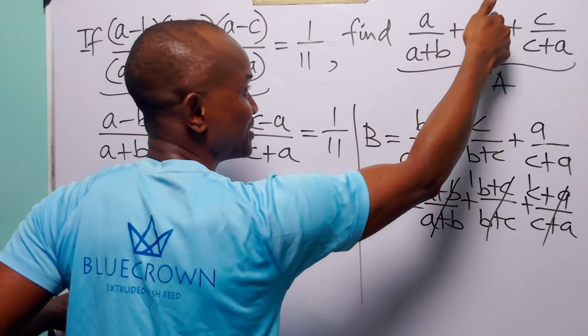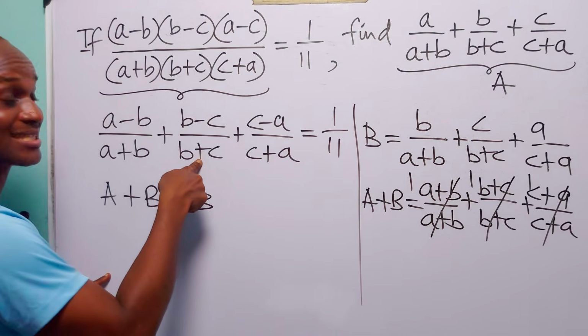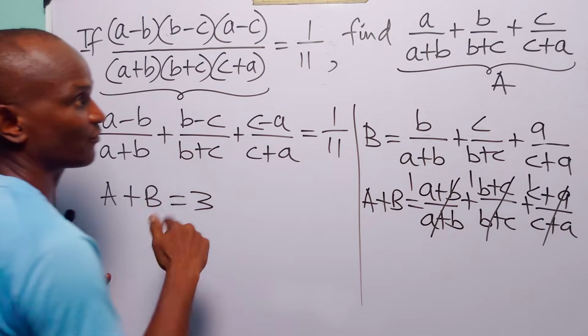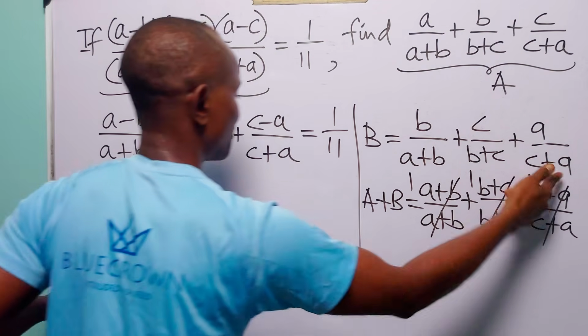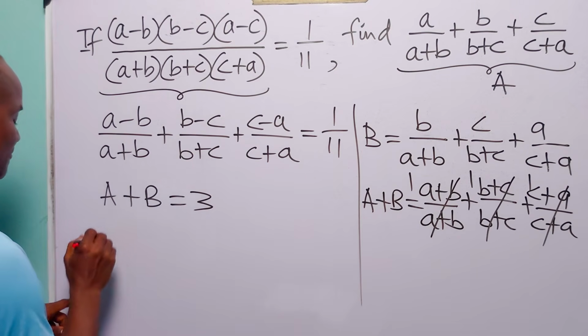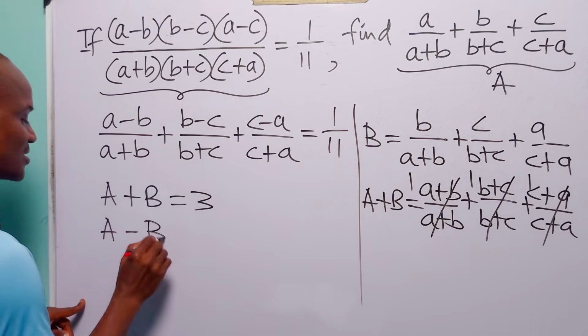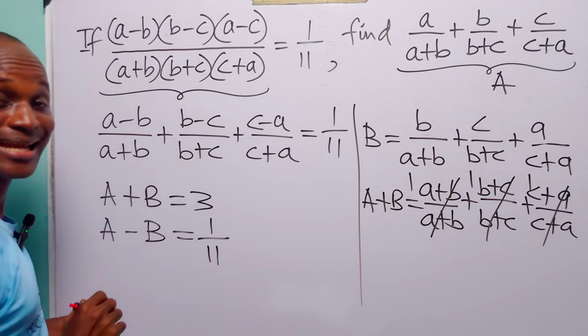Then we have B minus C over B plus C, which is exactly what we have here. And of course, we have C minus A over C plus A, which is exactly what we have here. So that tells us that A minus B is equal to 1 over 11.